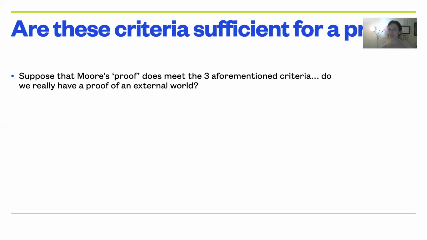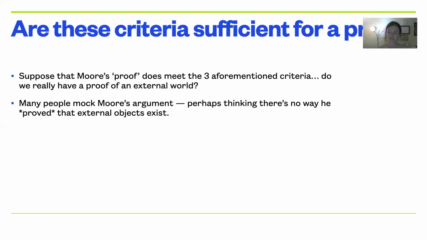Like if you went up to anybody, maybe you're at your parents' house now, but Zoom with a friend, and just say, hey, I have a proof for the external world. And then you hold up two hands, they'll be like, are you okay? Is this all getting to you? So it's really easy to joke around about Moore's argument.